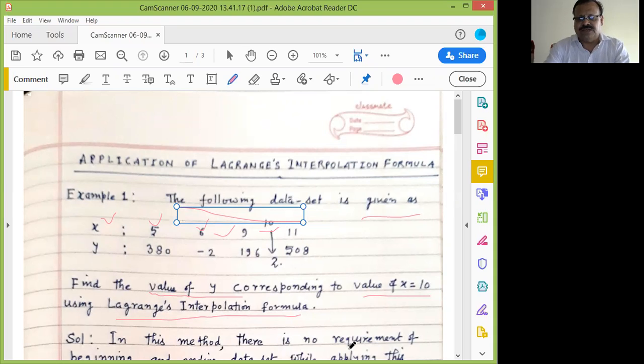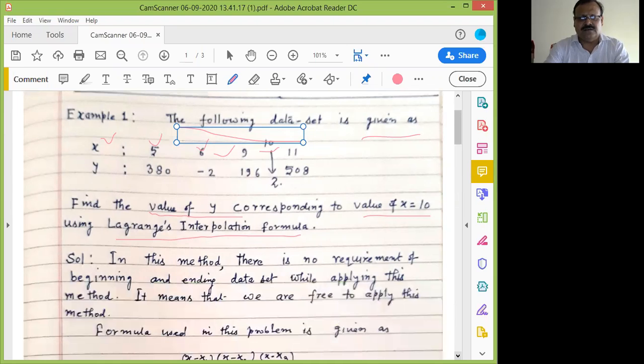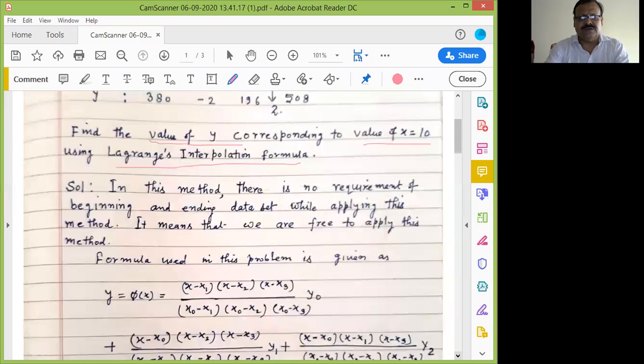So in this way it is unequally spaced. The formula is what? There is no requirement of beginning and ending data set while applying this method.